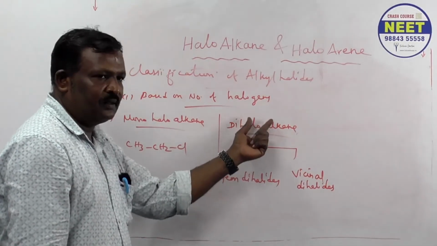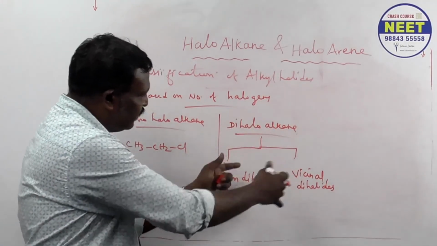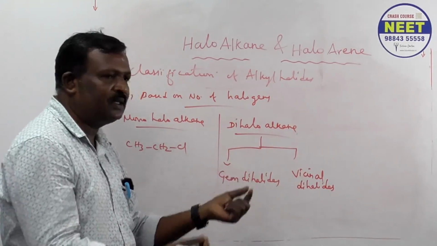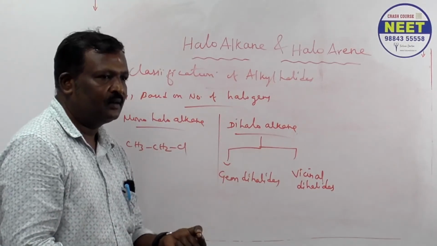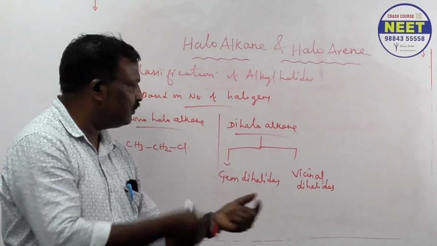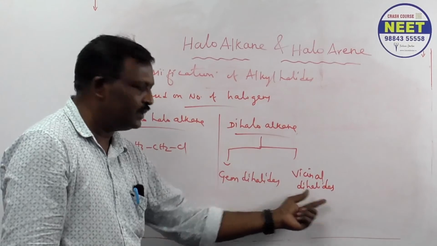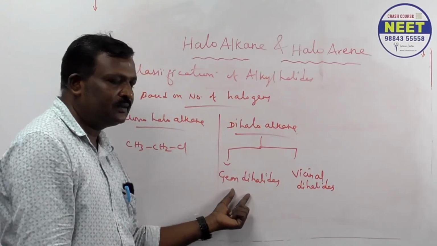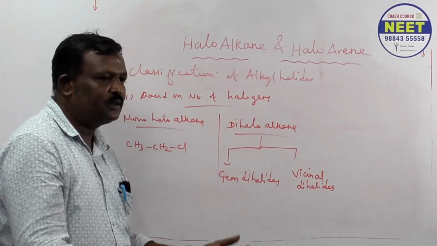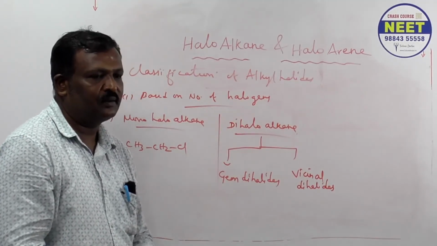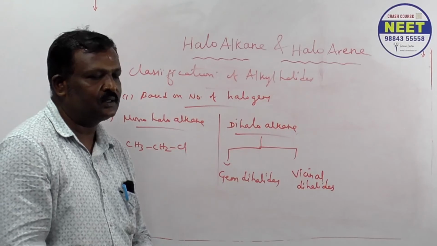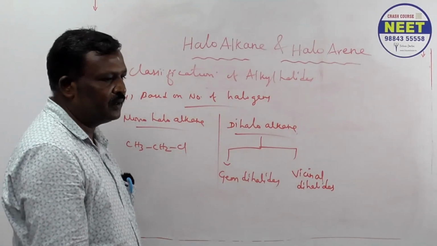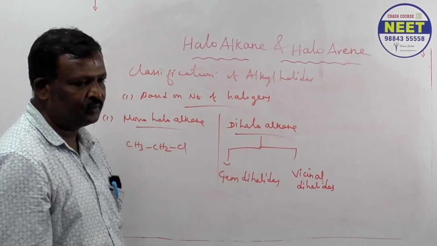Are you following? We have two halogens, but gem means the two halogens are attached to the same carbon. In vicinal, the two halogens are attached to adjacent carbons. Just copy this: two halogens attached to the same carbon.